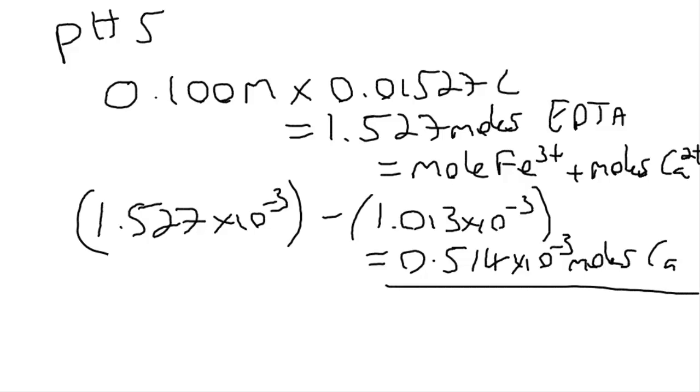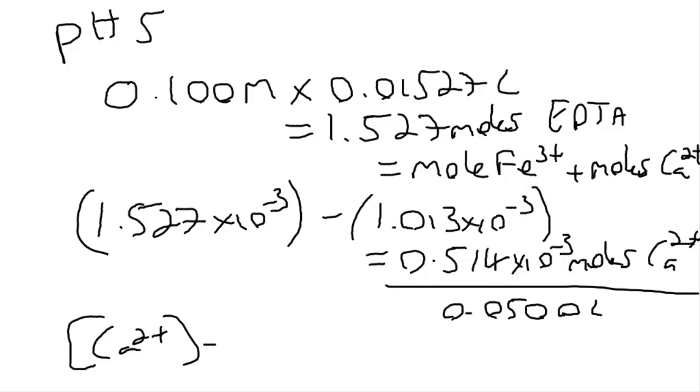Divide that by the volume again, which is the same as before, 50 milliliters, and we'll get a concentration of calcium which is 0.0103 molar.